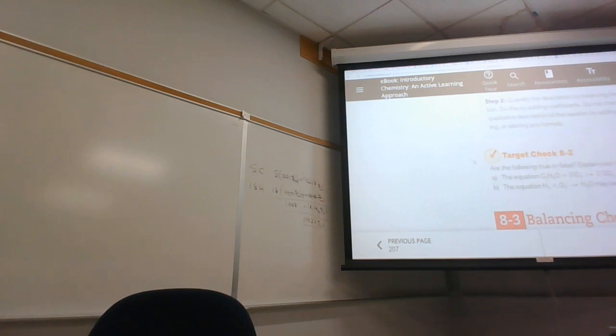Okay, I look at how many oxygens. I don't want to change this. So this is going to be fixed at 2 times 2 plus 2, so I have 6 oxygens on the right, and that cannot change. I don't want to change this because if I change this, it's going to screw up my carbon and my hydrogen. And so this is going to be fixed at 1 oxygen here, and I don't want to touch it.